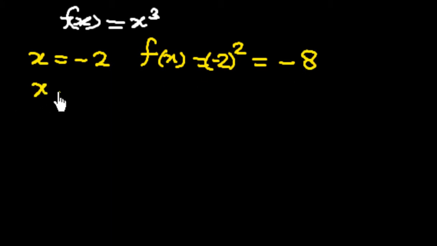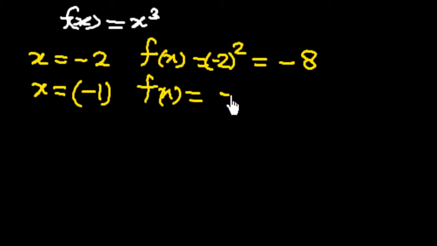If we put x is equal to minus 1, we get f of x is equal to minus 1 whole cube, which is minus 1.